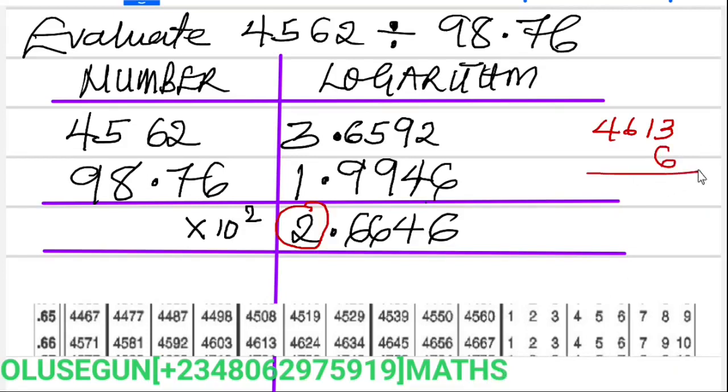So let's add together. We have 6. Now we have 4. So the antilog is now 4619.